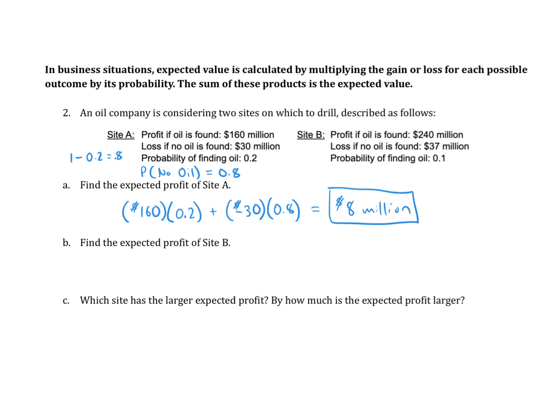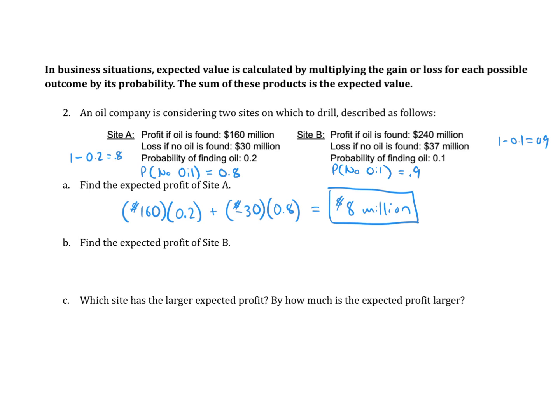Now let's take a look at site B. The profit, if oil is found, is 240 million, so they stand to gain more. The loss, if no oil is found, is 37 million. The probability of finding oil is only 0.1 at site B. The probability of no oil found, 1 minus 0.1, is going to be 0.9. So the chances of not finding oil are 0.9, like a 90% chance.